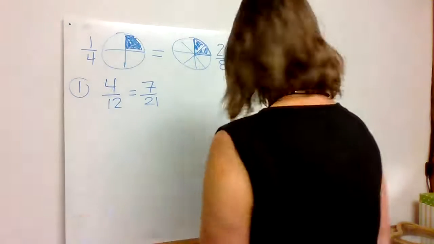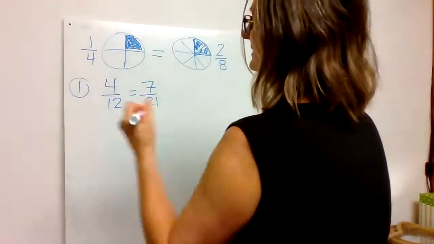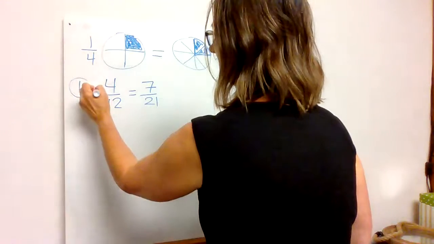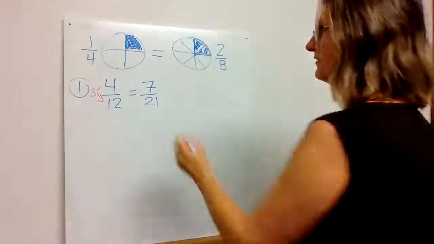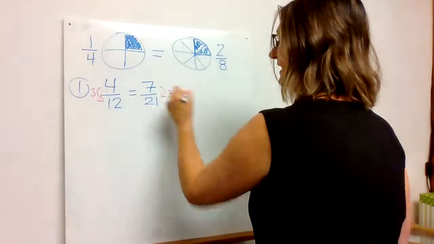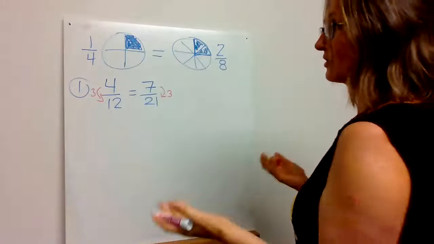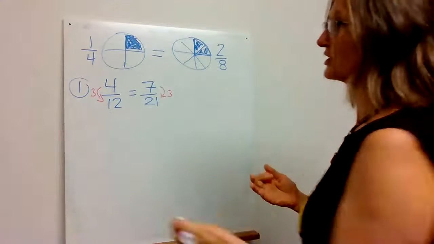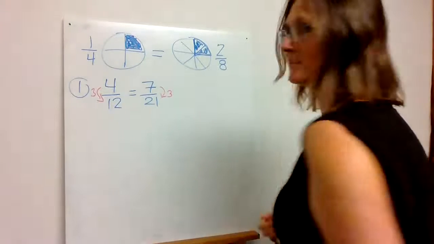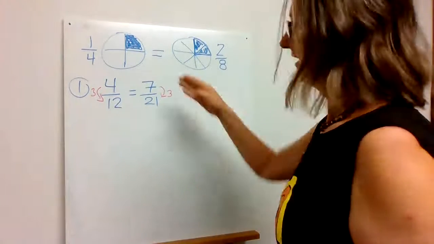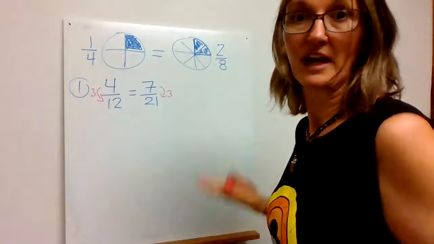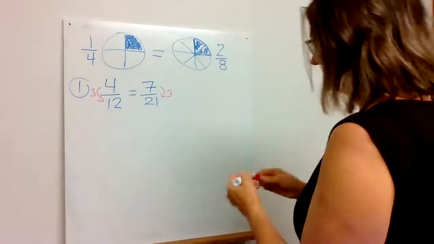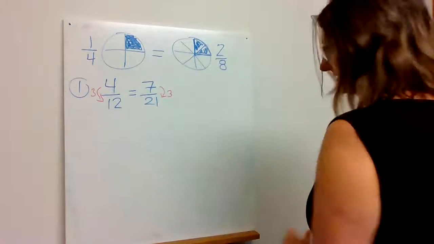You can see here, I'll use a different pen, that 4 times 3 is 12, and 7 times 3 is 21. So if one of these numbers were missing, you could figure that out because you could see, oh, one of these has a times 3. If I times 3 on the other side, I can figure out my other number. And I'll prove that in just a minute.